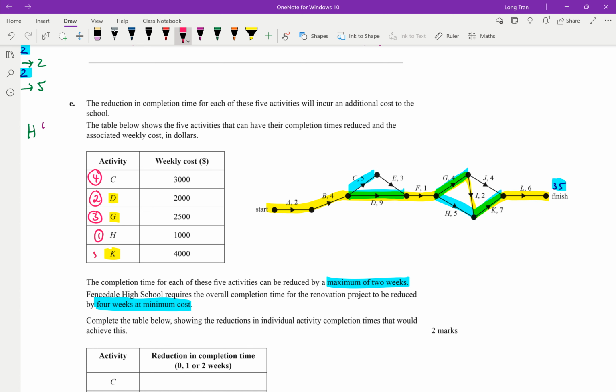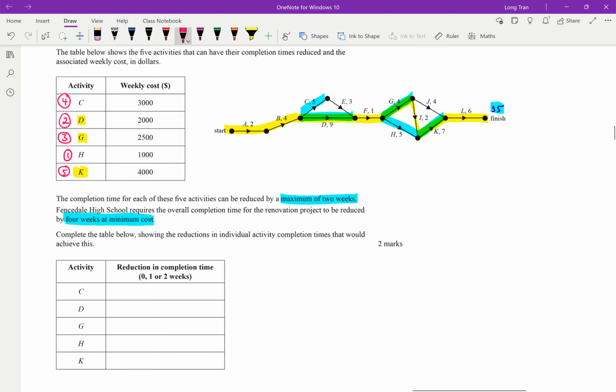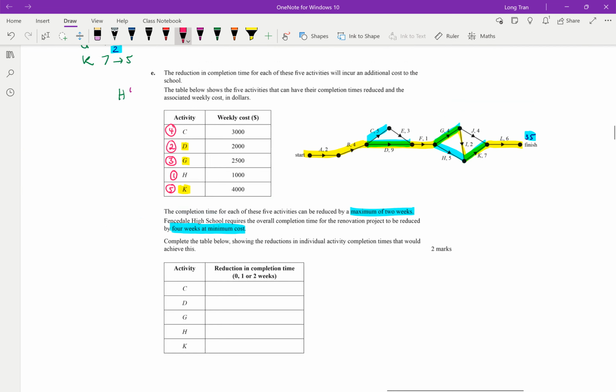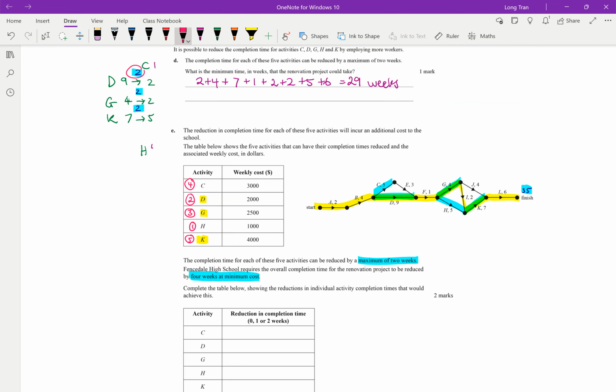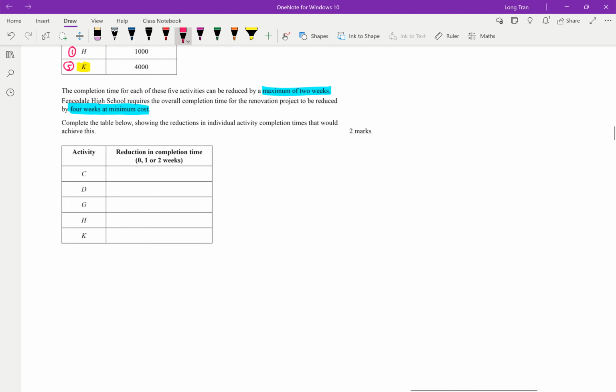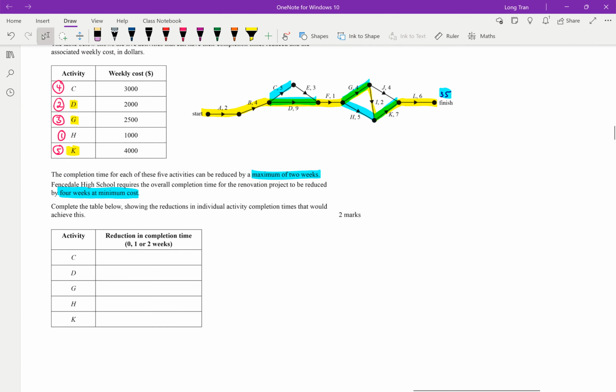So 5. Okay. So in my mind, what I initially have done was I did D2, G2, and K2. Now, I can't have that anymore because remember, I only need to reduce 35 down to 31. So ideally in the sort of D, G, and K, these are your critical pathways that can be affected.